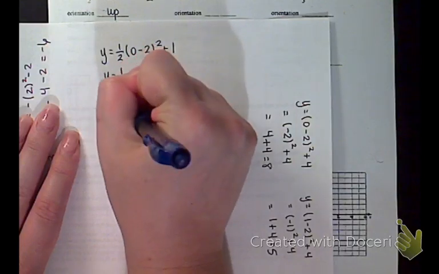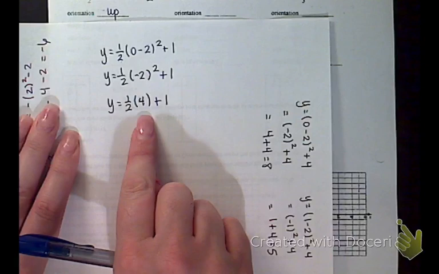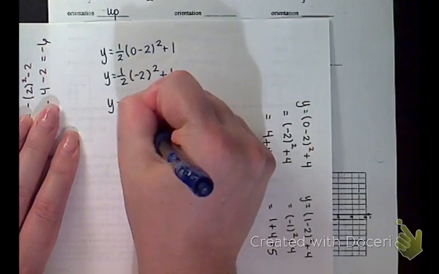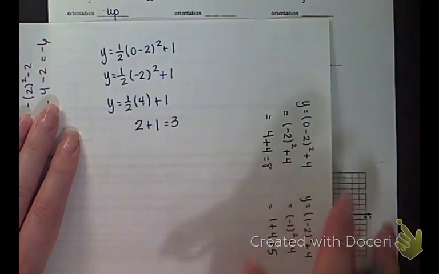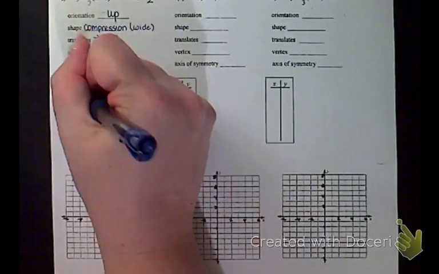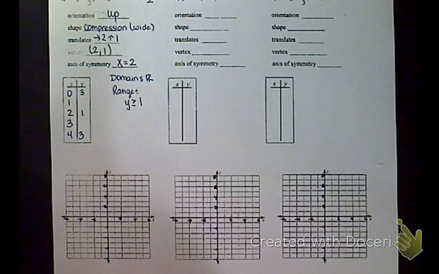And negative 2 squared is 4. Half of 4 is 2. And 2 plus 1 gives me 3. So when I plug in 0, I get 3. And if you plugged in 4, you're going to get the same thing.